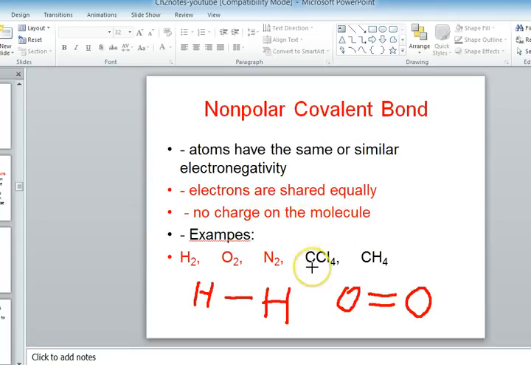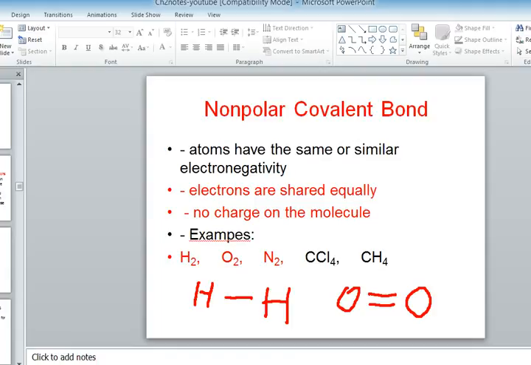Now in some cases, rather than being the same element on each end of the covalent bond, we have elements that don't have a large difference in their pull for electrons, and the molecule is symmetrical, which makes it nonpolar, which makes it non-charged.